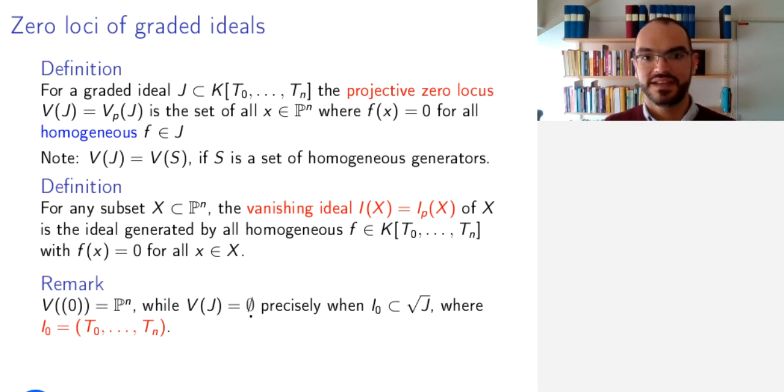But here, in fact, it is enough to require that your ideal's radical contains the ideal I_0, the ideal generated by all the indeterminates. This is because in affine space, the only place where this vanishes is the origin, and this is something you exclude when you construct projective space. So it turns out that the vanishing set of an ideal is empty if and only if the radical of your ideal contains this ideal.